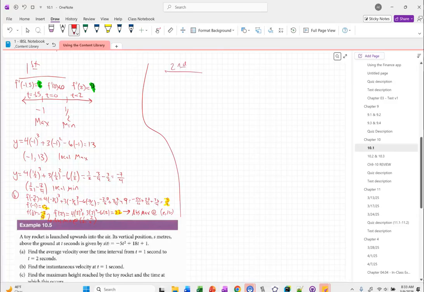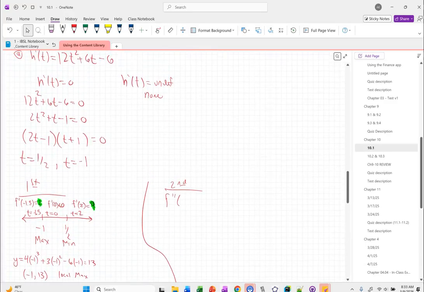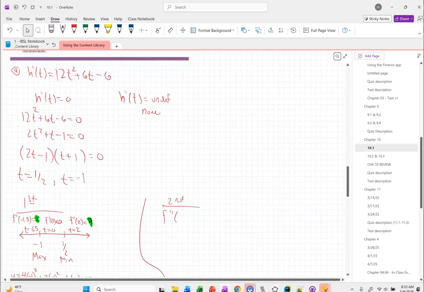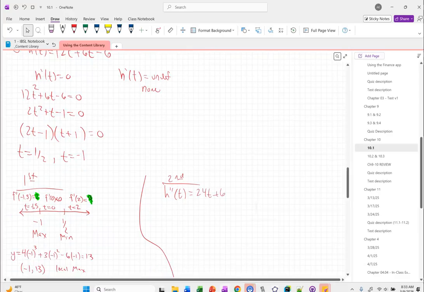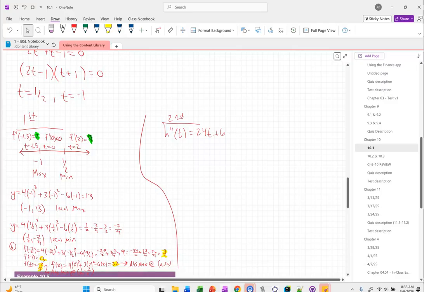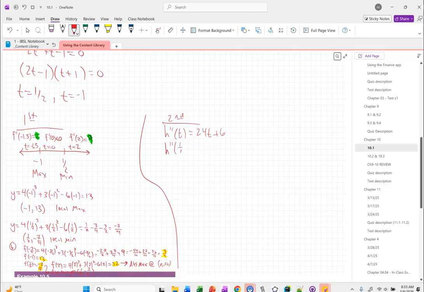If I did this as a second derivative test, I'll calculate my second derivative, which would be 24t plus 6, excellent. This guy was h, I guess. And I still have that, so just compute for 1/2.